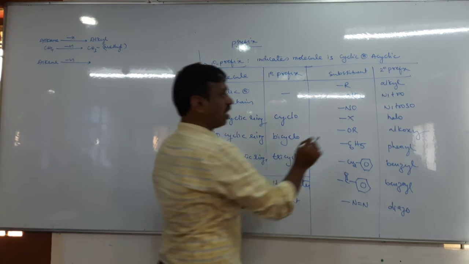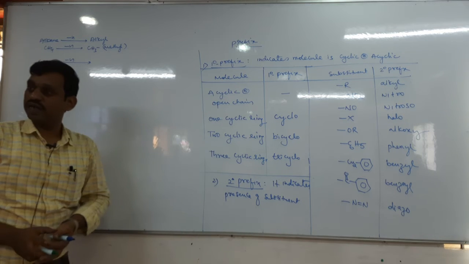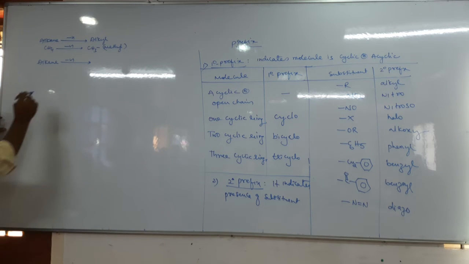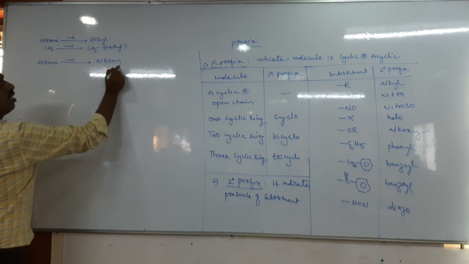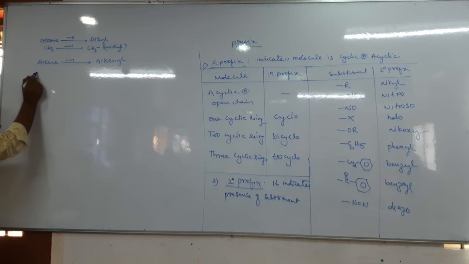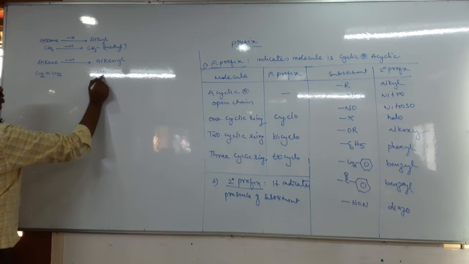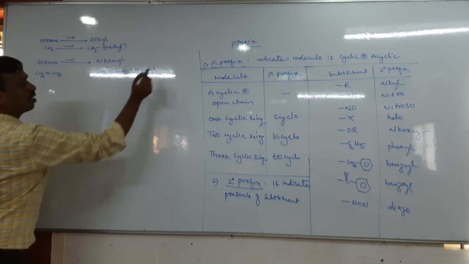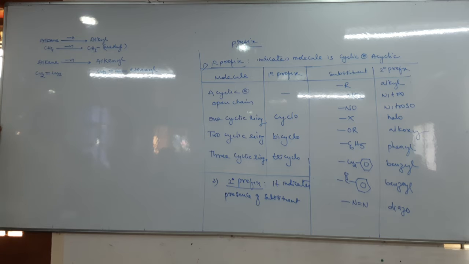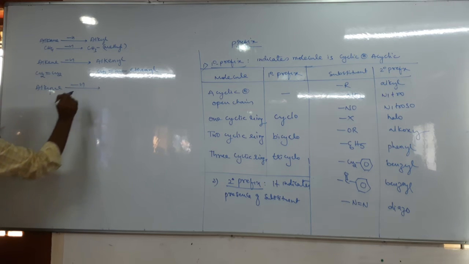Most of the time the substituent we get is alkyl, so we study alkyl in detail. Alkene losing one hydrogen gives alkenyl. Like ethene, ethenyl; propene, propenyl. Next, if it is an alkyne, remove one hydrogen.